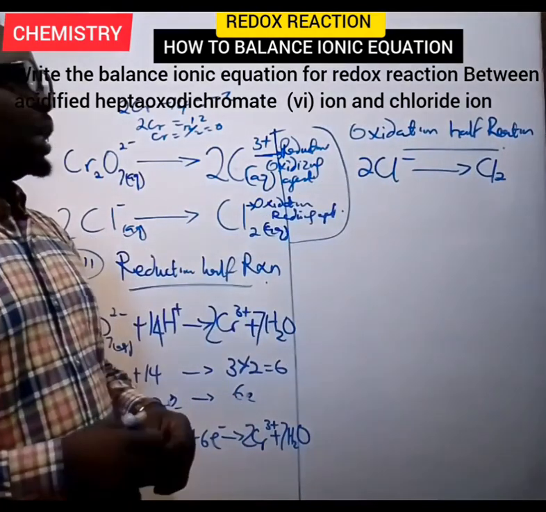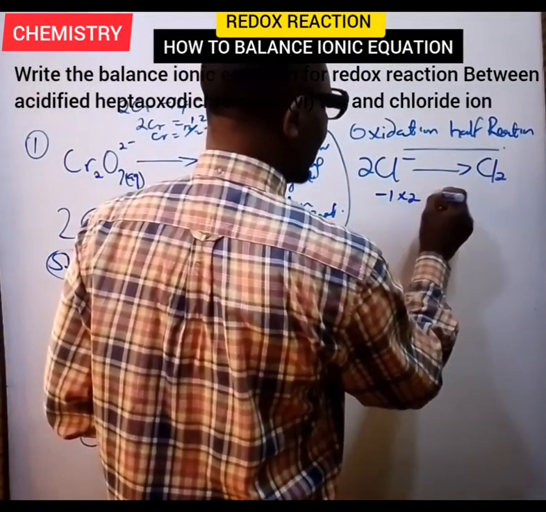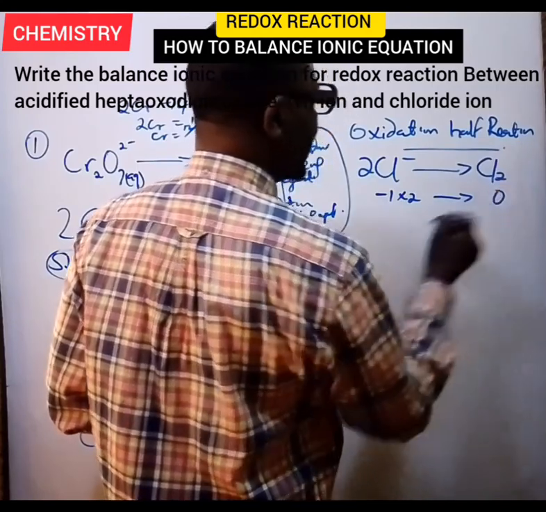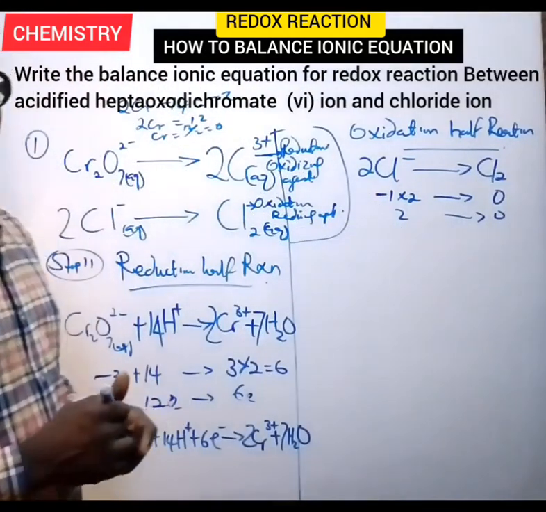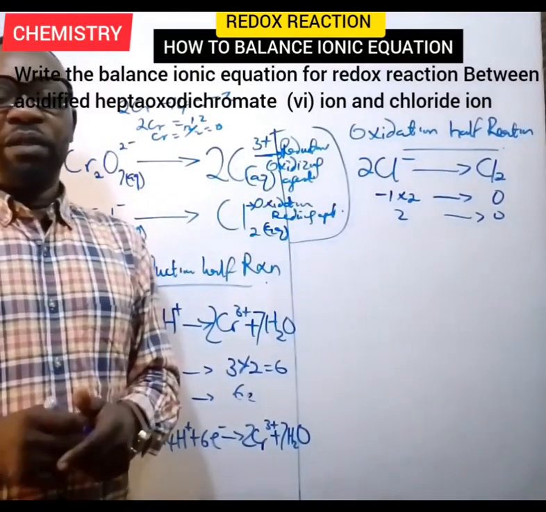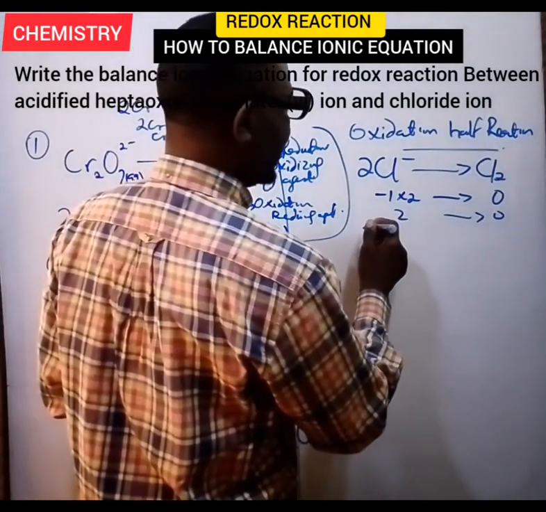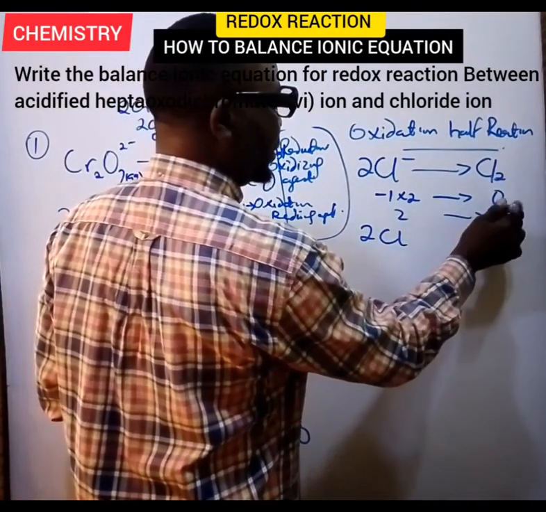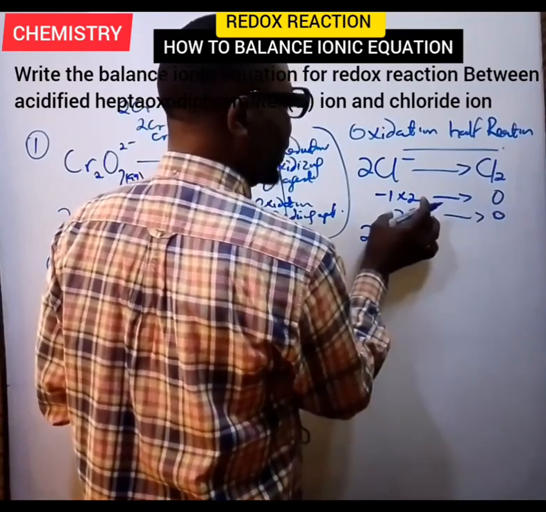If you look at the charge on the left-hand side, we have minus 1 times 2, that's 2, ignoring the negative sign. The right-hand side is 0. So you are going to have 2Cl. Evidently, when you subtract this, you need 2 electrons here for it to balance.